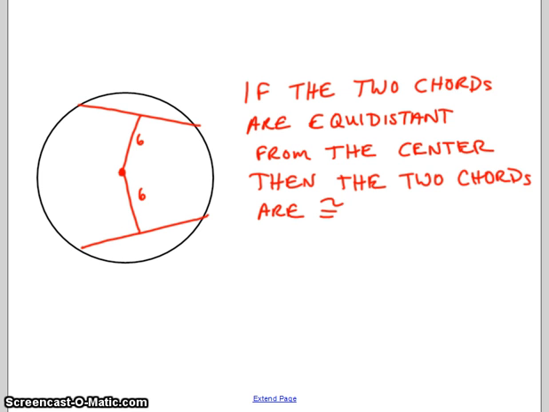Okay? If the two chords are equidistant from the center, then the two chords are congruent. Now, they would have to be perpendicular to show that they're equidistant. Okay? All right, so therefore, if we have our two chords, we know that AB is congruent to CD.